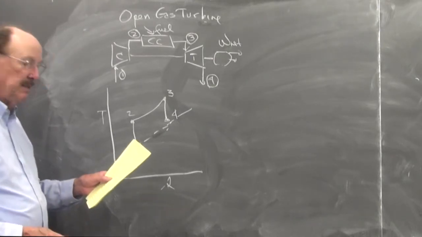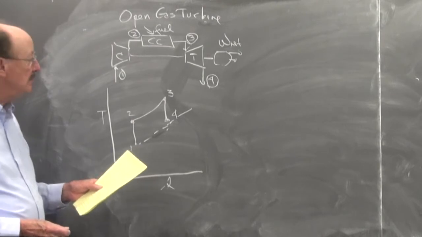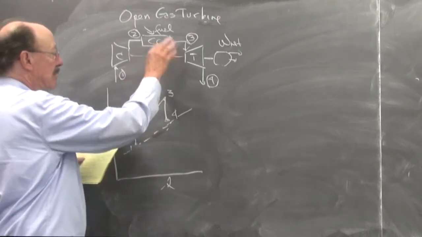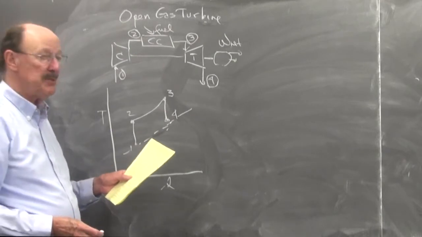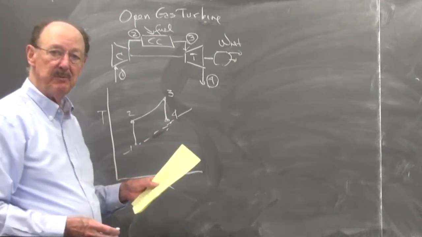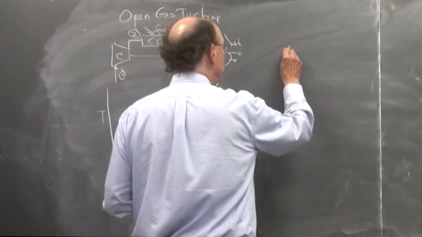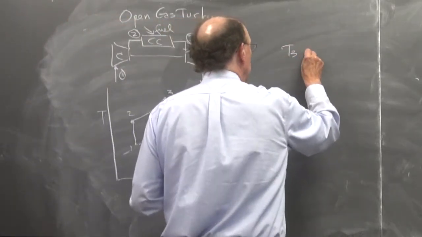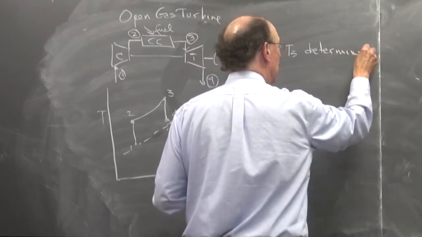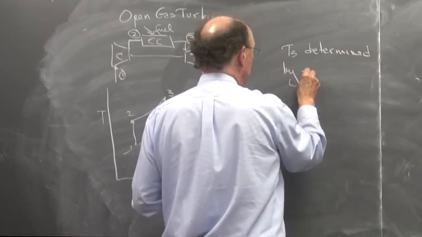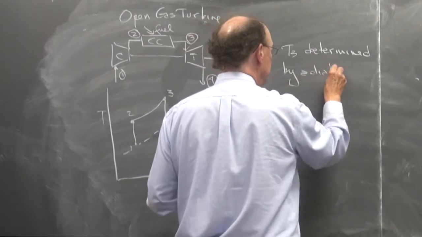And T3, in this case, I have my combustion chamber, and it's determined by the adiabatic flame temperature, so the chapter 12 information we had about adiabatic flame. So T3, adiabatic flame temperature.